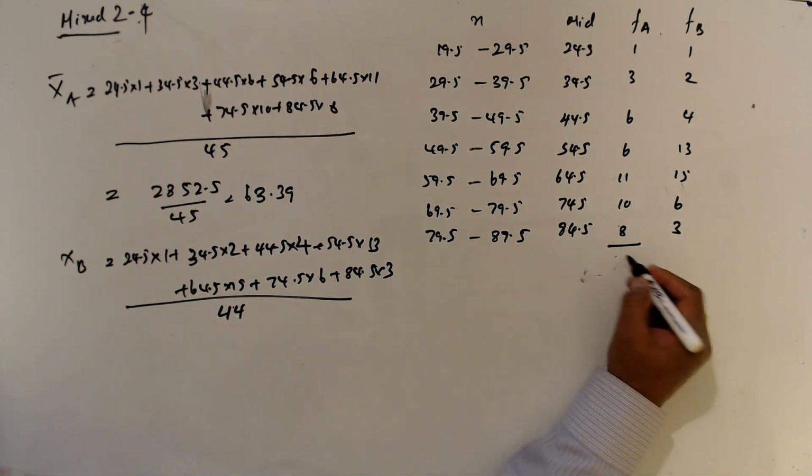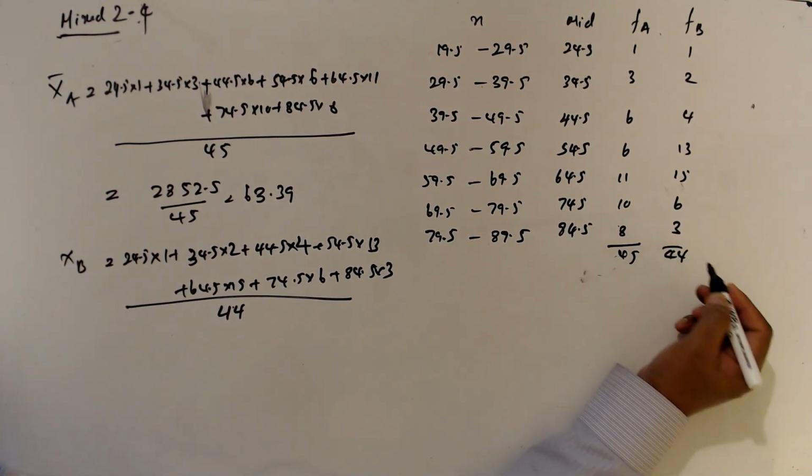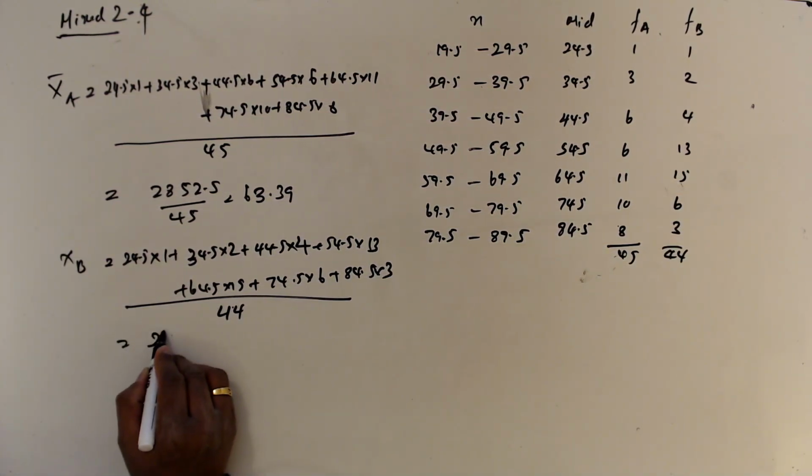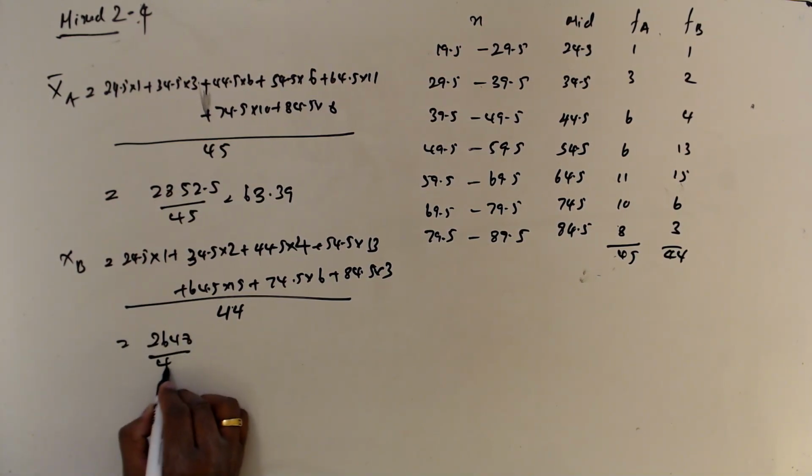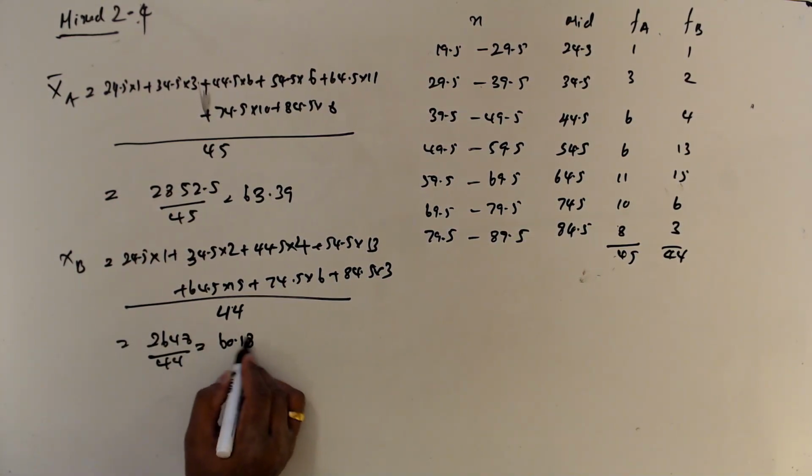The total for A is 45 and this is 44, and 2648 divided by 44 equals 60.18.